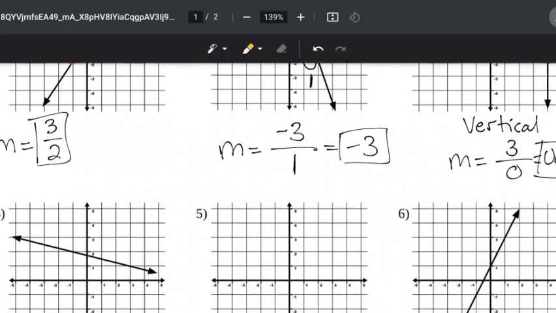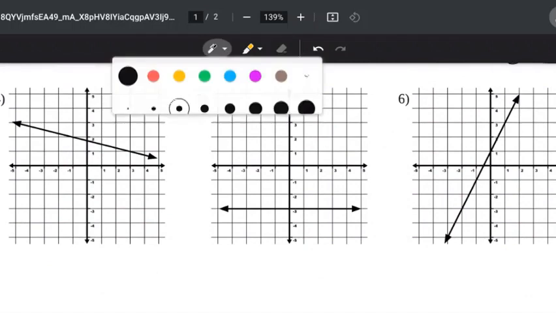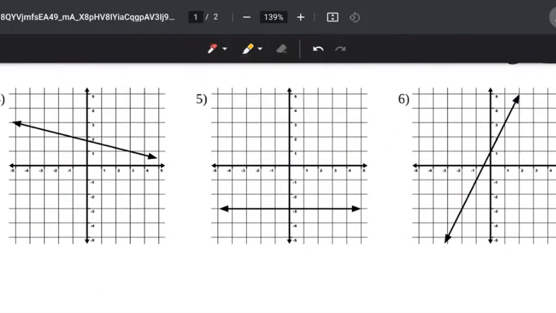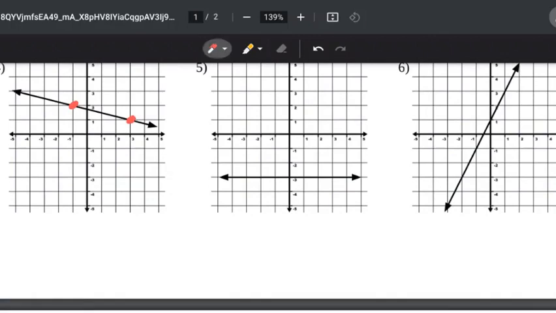Okay, let's try number 4. So again, pick 2 coordinates that come in a nice cross section. Choosing that one, and this one. I am going to start from the point on the left.